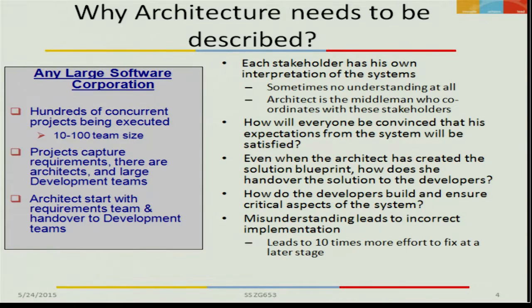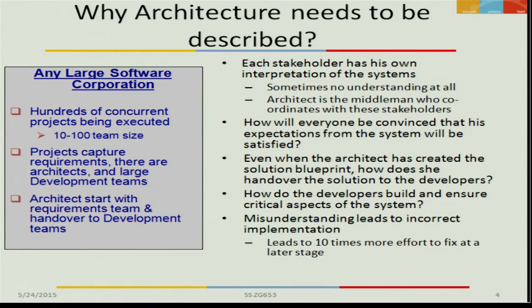So in such a scenario, for a given project, often you would see that the project teams hardly interact with each other. They're all living in their own silos. So each stakeholder has his or her own interpretation of the system.